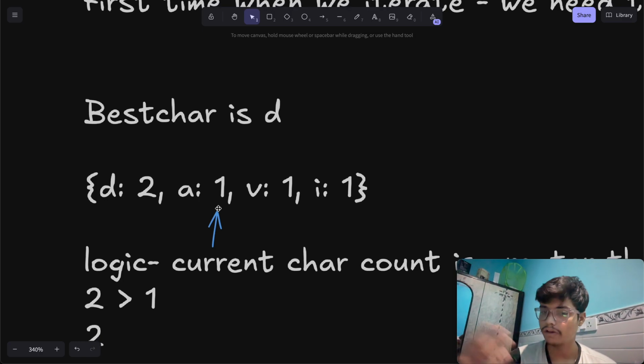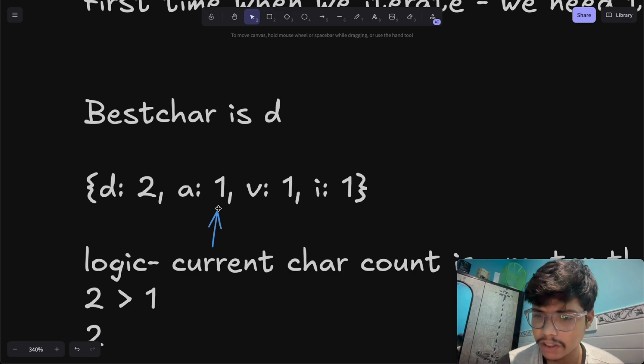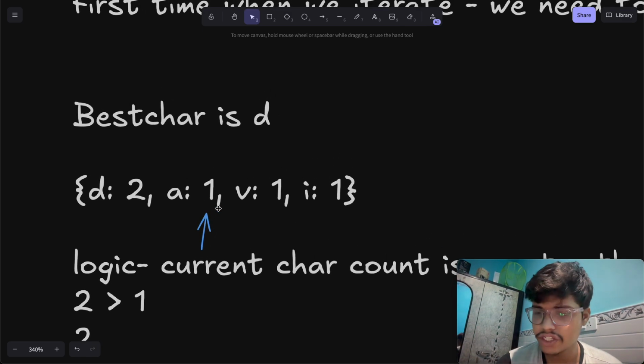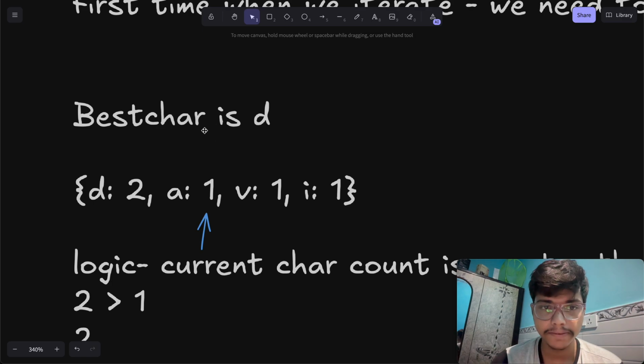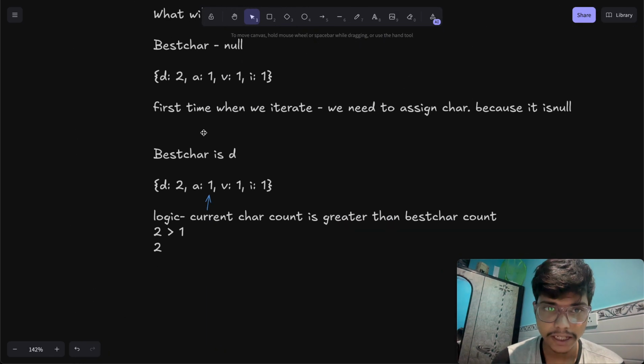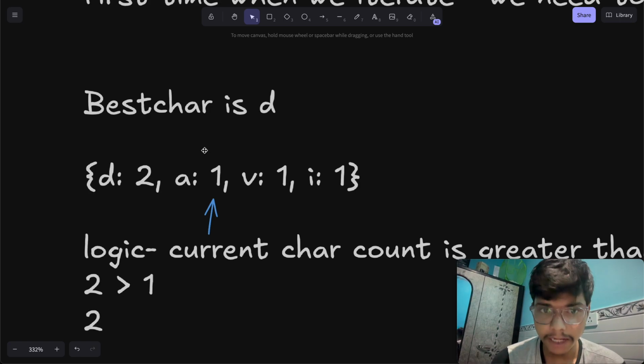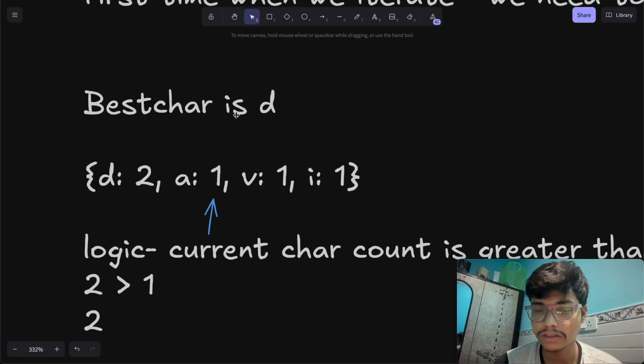The logic would be that we compare the best character in our map and our current character in the map, by their count.